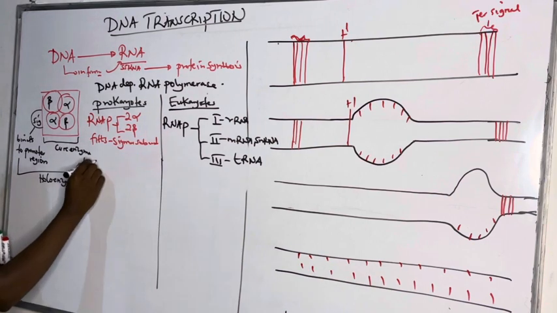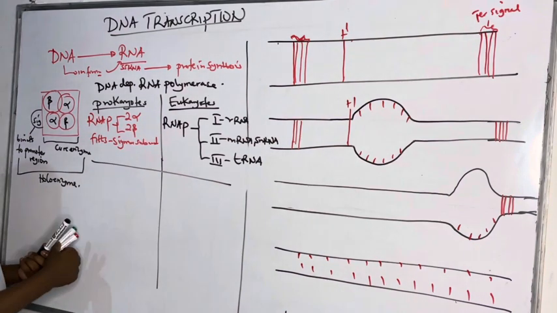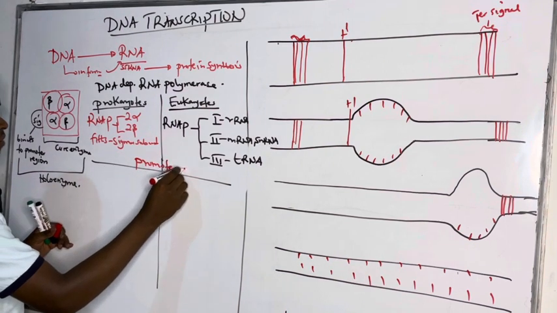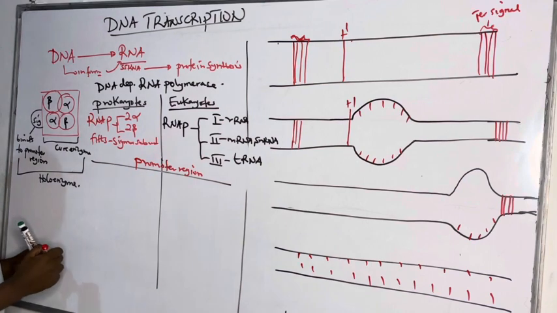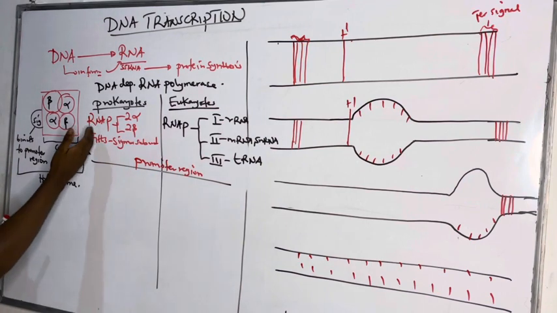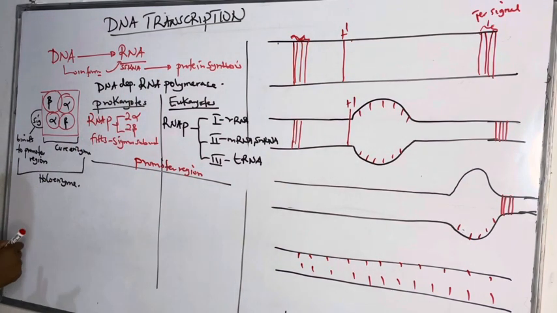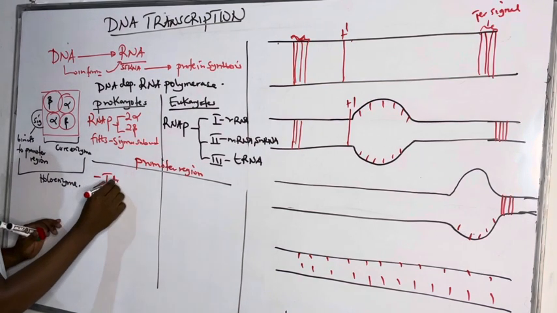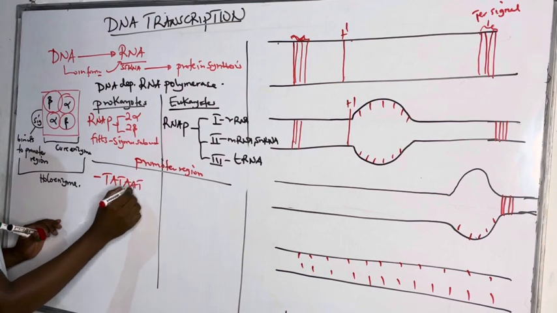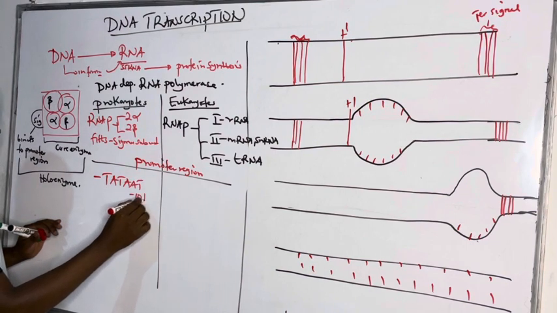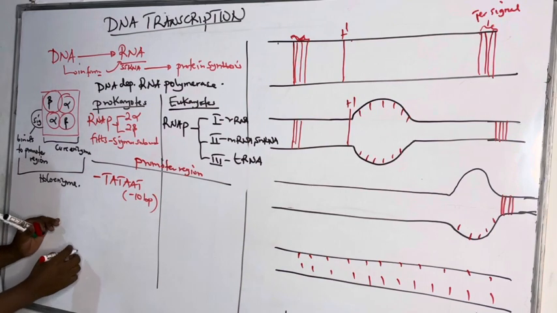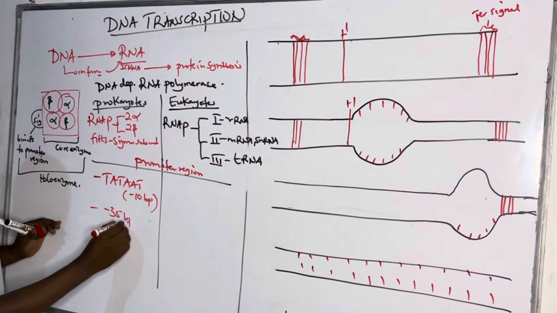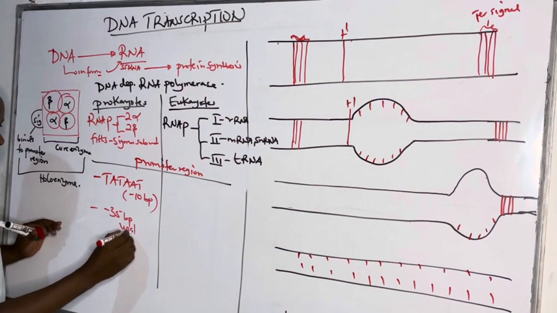Then as we continue, we are going to look at the promoter region, which differs between prokaryotes and eukaryotes. In prokaryotes, the promoter region includes the TATA box, which is always at -10 base pairs upstream, and we also have the -35 region upstream.